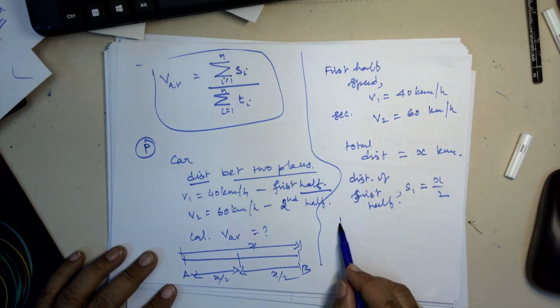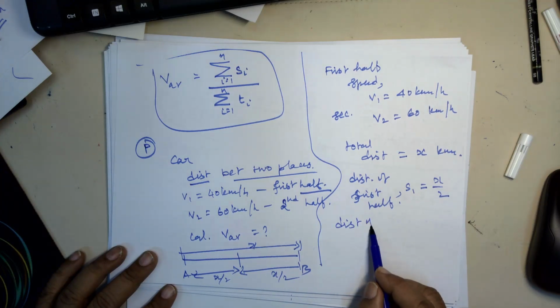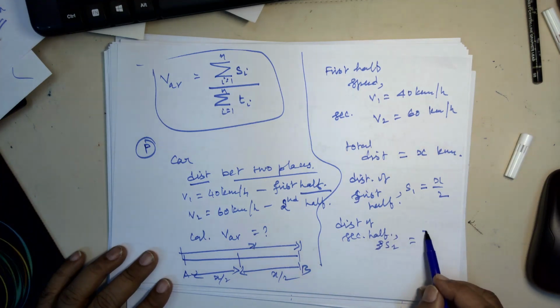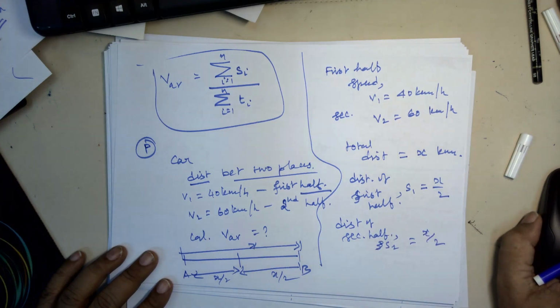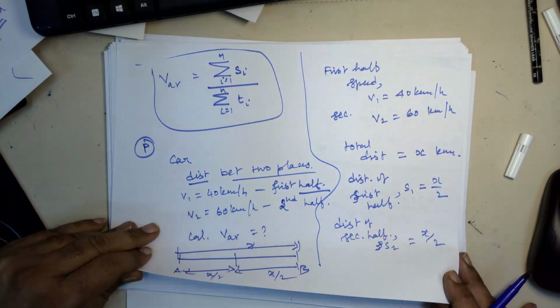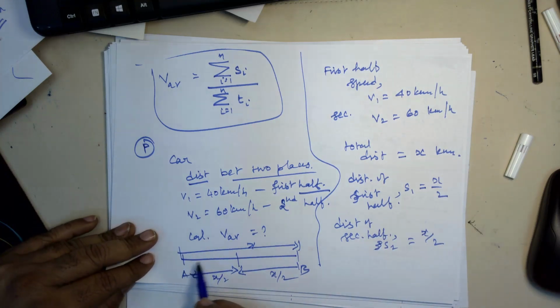And the distance covered in the second half, that is S2, is again x by 2, right? Why? Because it is said the half of that distance.